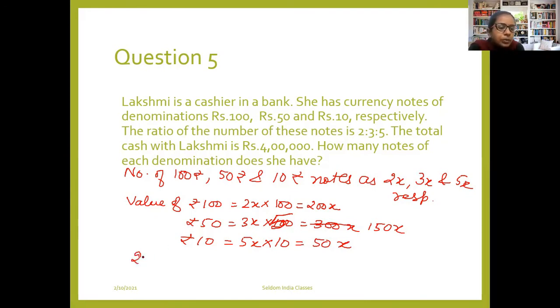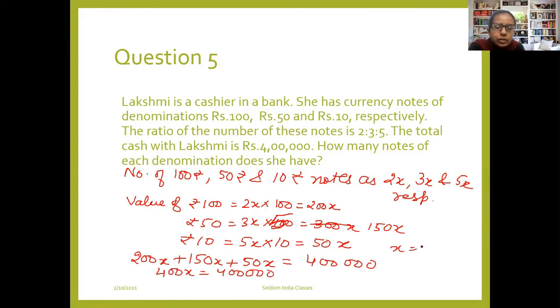Now they add up to rupees 4 lakh. 200x plus 150x plus 50x. Add all the values and write the total amount, 4 lakh. Add the x terms, what we get is 400x equals 4 lakh. Correct?